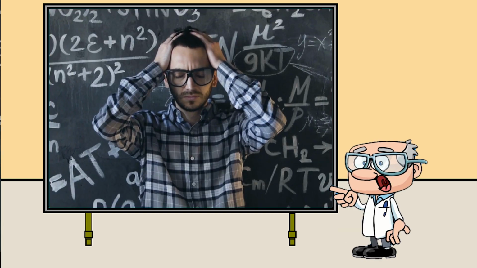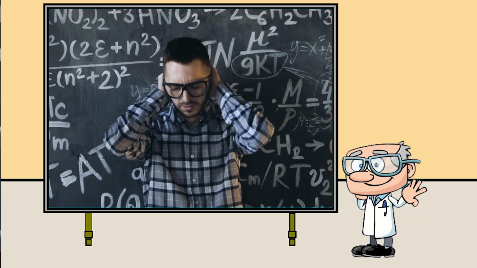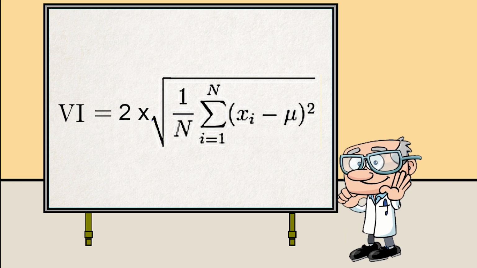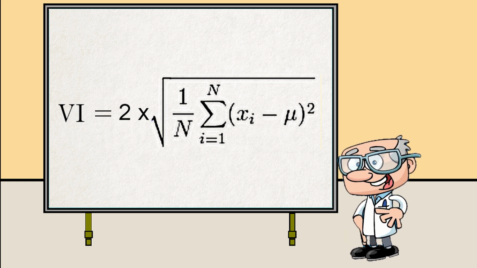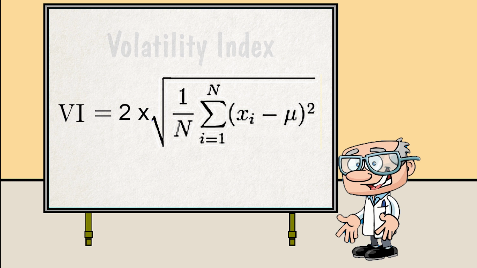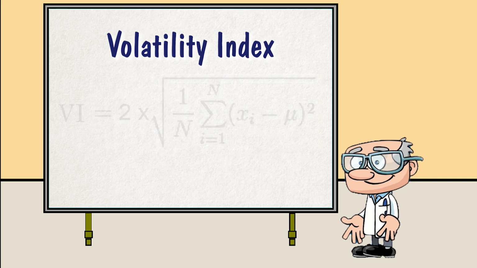Now for the mathematicians out there, you might be hoping to see some kind of formula. Okay, here it is. You might recognize it as 2 times the standard deviation, or the standard deviation with 95% confidence. Slot designers call this the Volatility Index, or VI for short.